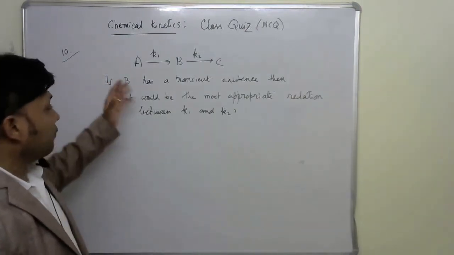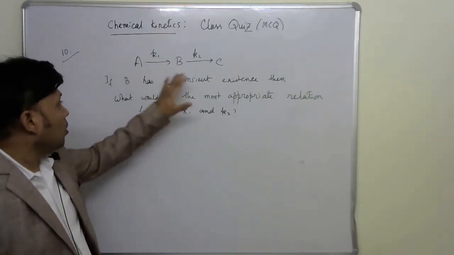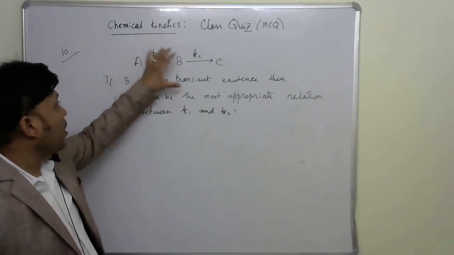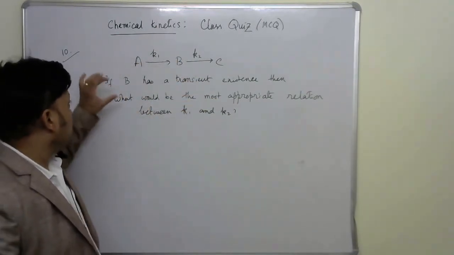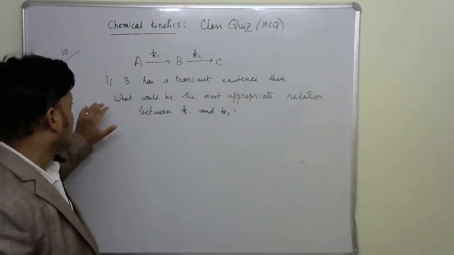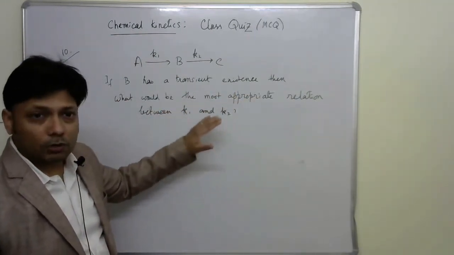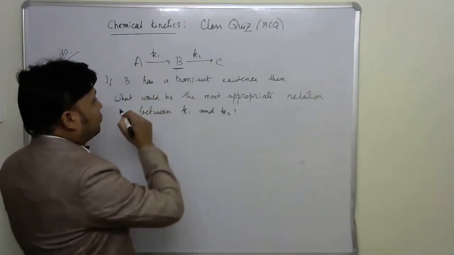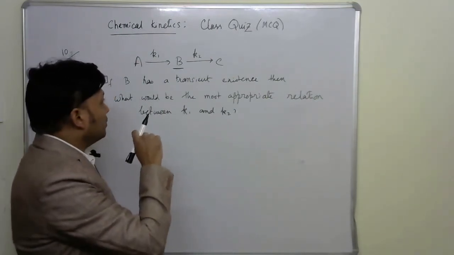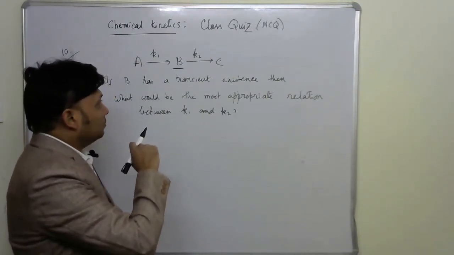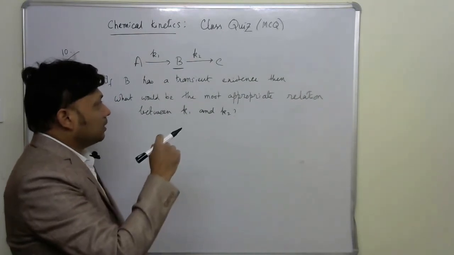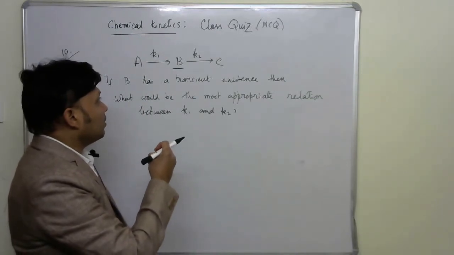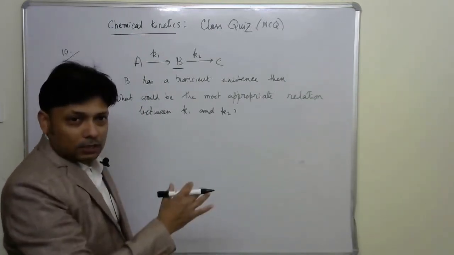In question 10 we have a very straightforward situation. In a consecutive reaction, A going to B and B going to C, with the rate constants K1 and K2 respectively, if the species B has a transient existence, then what would be the most appropriate relation between K1 and K2? B has a transient existence, so that means B during the reaction is formed in a very small amount, and that amount stays almost constant throughout the reaction.